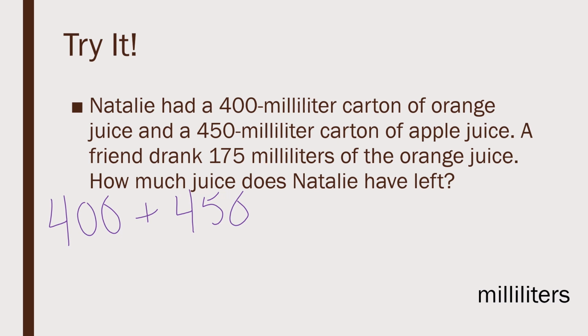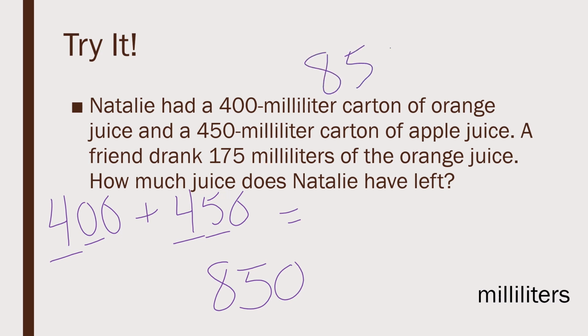So if we combine our ones, we see that we have 0. And if we combine our tens, we see that we have 5. Nothing to regroup there. And then we take a look at adding our hundreds, and we have 850. So we have a total of 850 milliliters of juice.